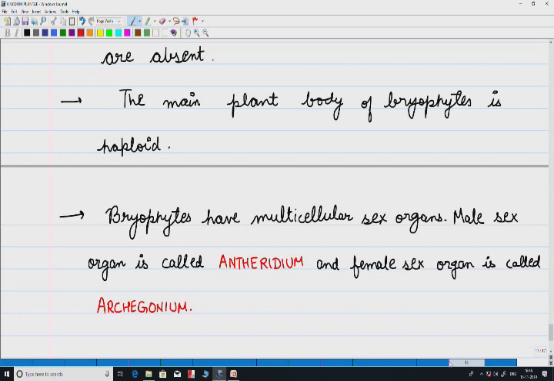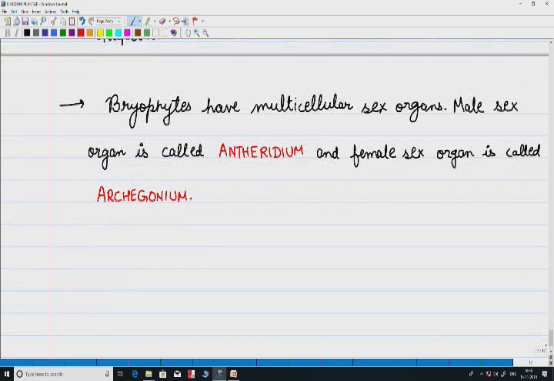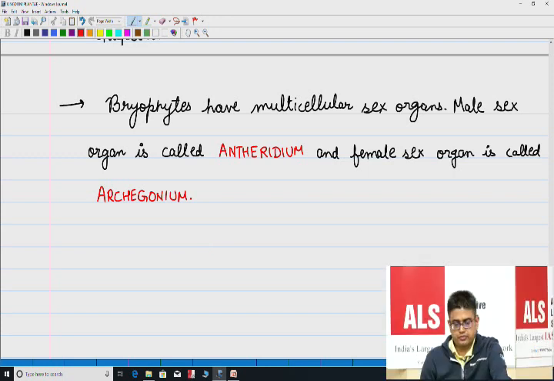Now we can study the life cycle of bryophyta, and also the subdivisions of bryophyta.